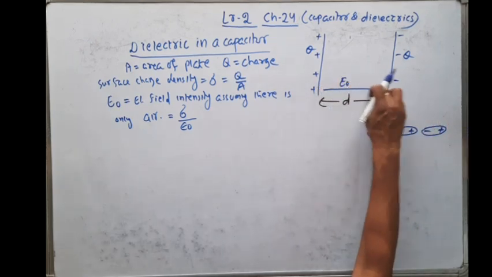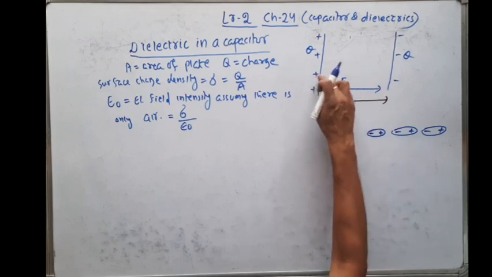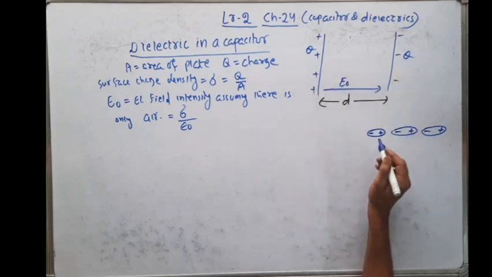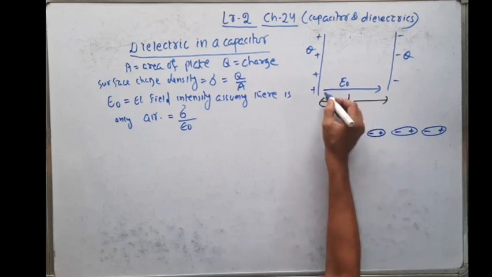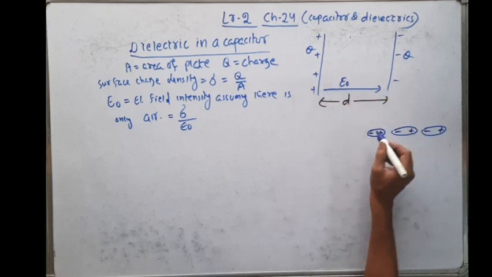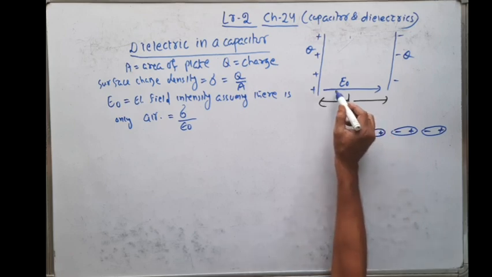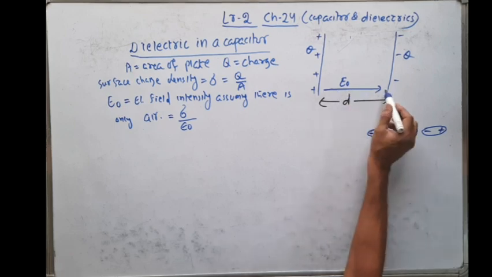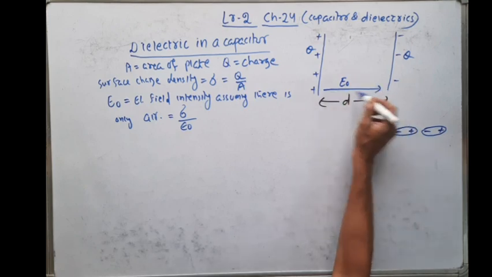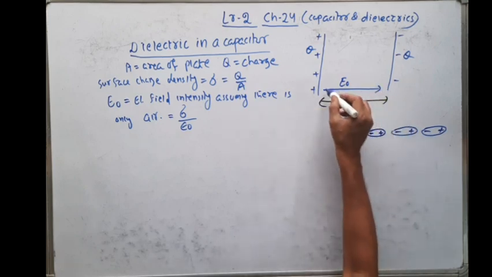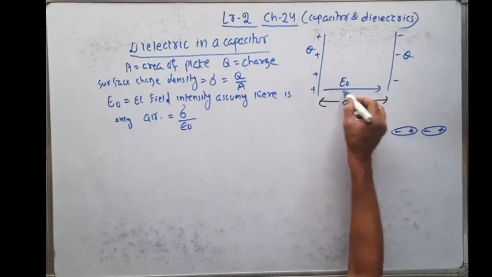When the electric field is developed between the positive and negative plate, any charged particle brought into an electric field experiences a force. This is the direction of the electric field. Positive charge will move along the direction of the electric field and negative charge will move opposite to that of the electric field.